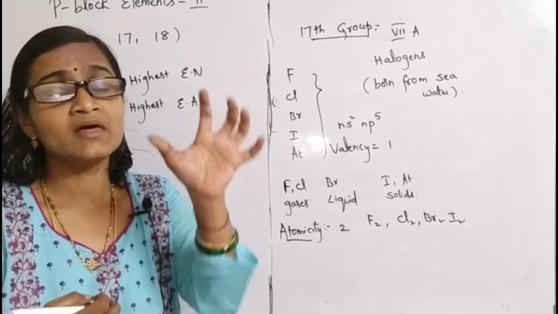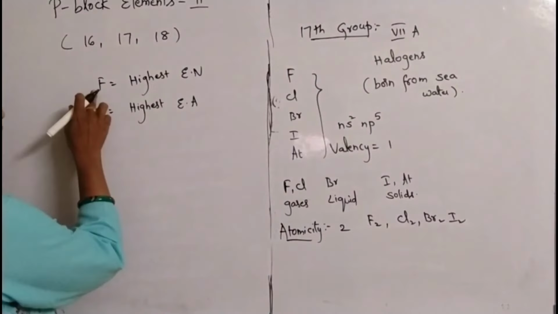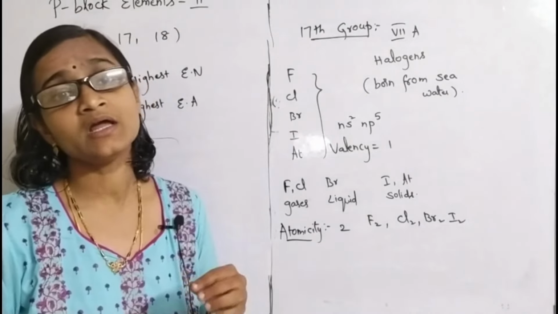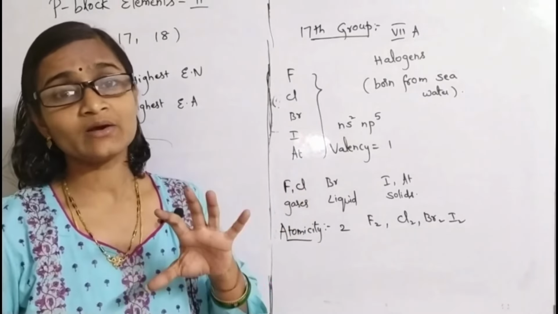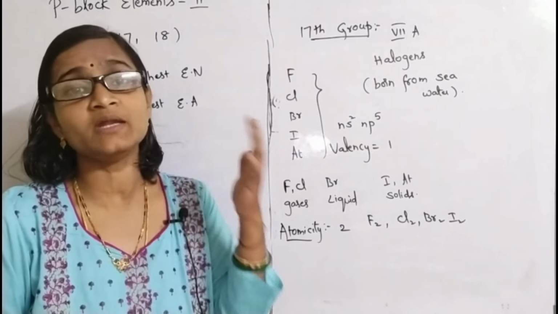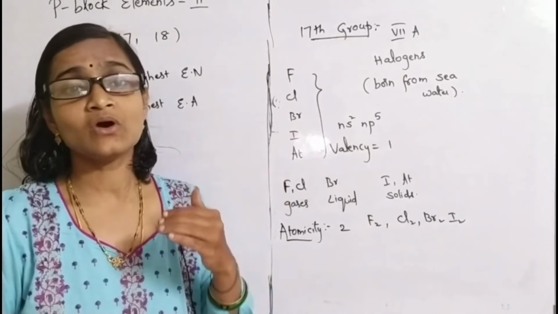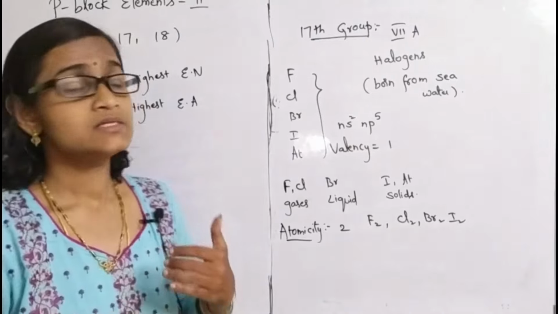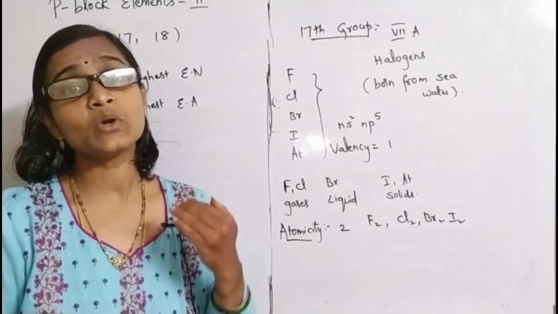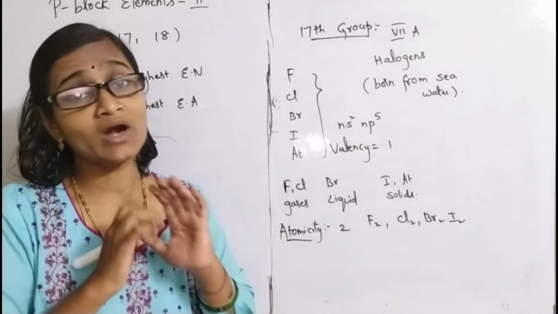Fluorine is highly electronegative, whereas chlorine has the highest electron affinity, meaning it has a tendency to attract an electron but not the shared pair in a bond. Electronegativity is observed in a bonded atom, whereas electron affinity is observed in normal elements, not in a bonded atom.